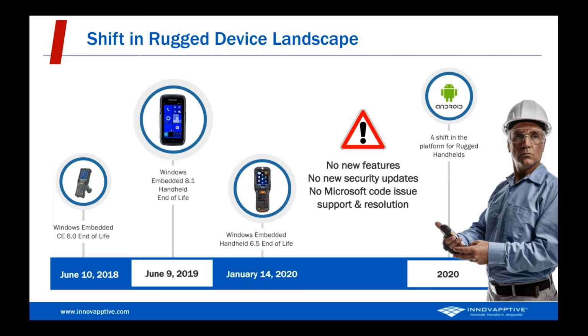The implication is that they're very dominant in warehouses, so companies have really got to consider what's going to come next. Android is starting to make inroads into the warehouse device market, but many companies are still on their older systems.